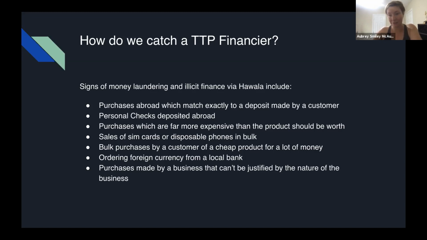Anytime you buy more than like 2 SIM cards at a time, it's probably not going to a good place. And then lots of cheap product being bought for more expensive, or lots of expensive product being bought on the cheap, because then you're wondering where's the rest of that money going. All right, we're feeling like we know what some red flags for money laundering are.